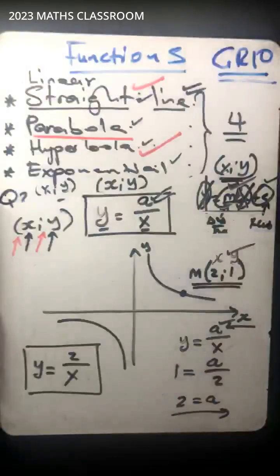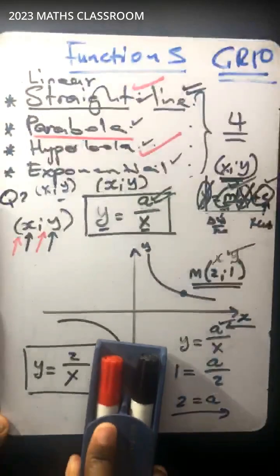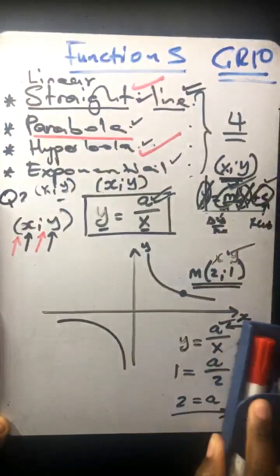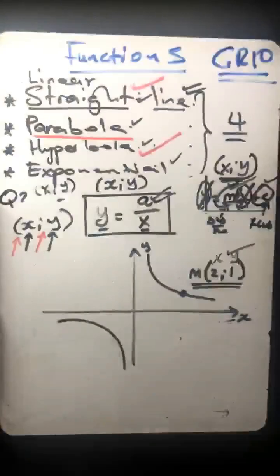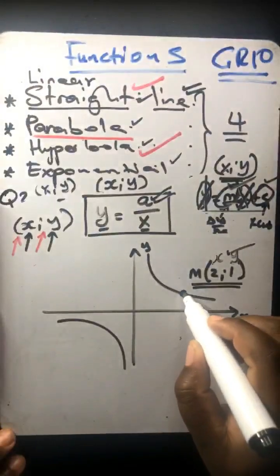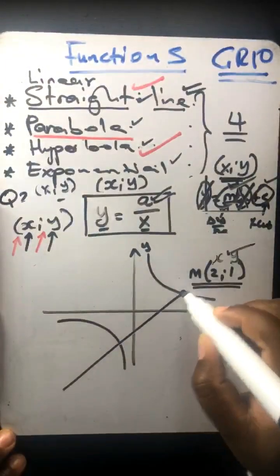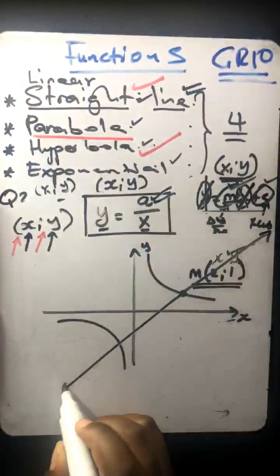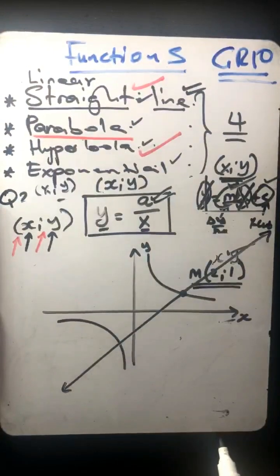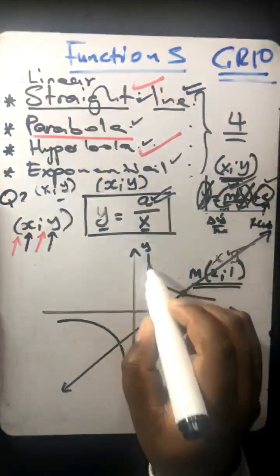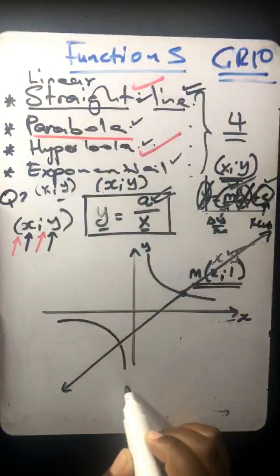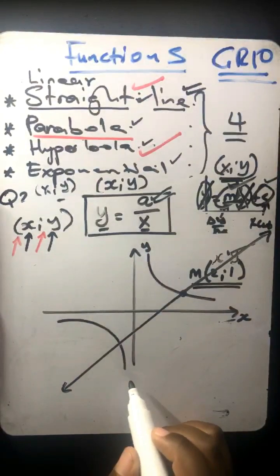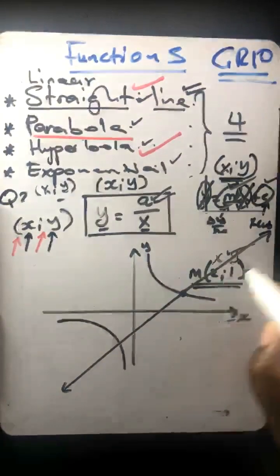But now, this is where it gets interesting. You have a hyperbola there. At the same time, there is a straight line. You now have two functions. You have a hyperbola on the same set of axes, and you still have a straight line.